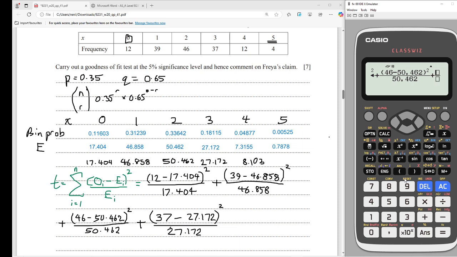We add this with 37 minus 27.172 the whole square divided by 27.72.